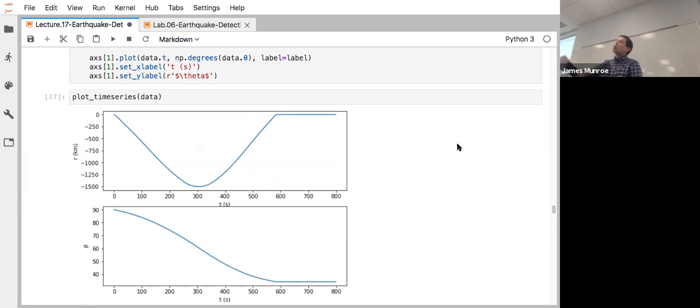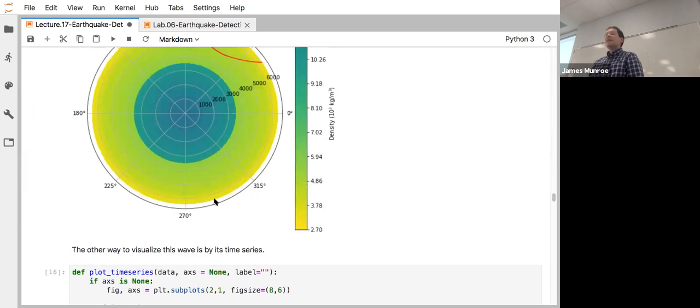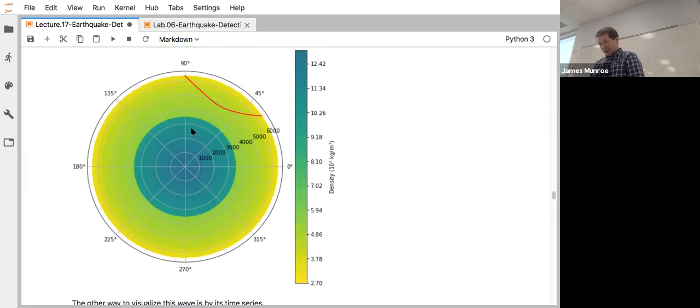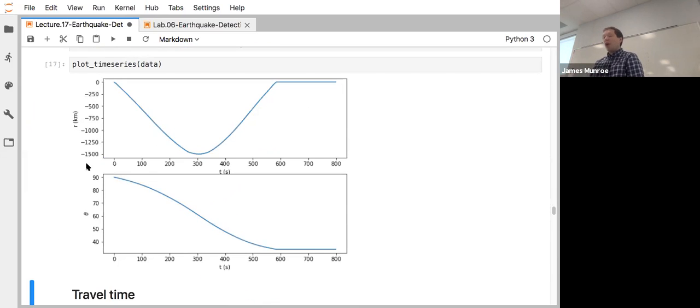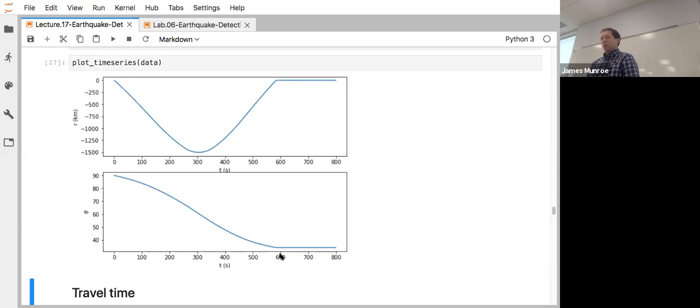So these are two ways of visualizing the path of this ray. You either can think about it as xy coordinates plotted in polar coordinates, or you can think of it as a time series of r and theta. In both cases, you're seeing that it hits the edge, that is the surface of the planet, and pops out at a certain dimension. It travels for about 600 seconds or so.